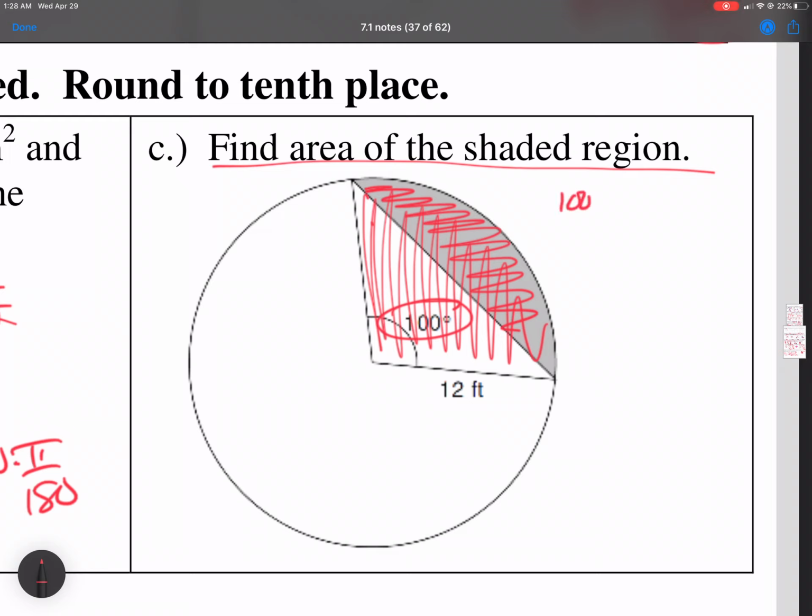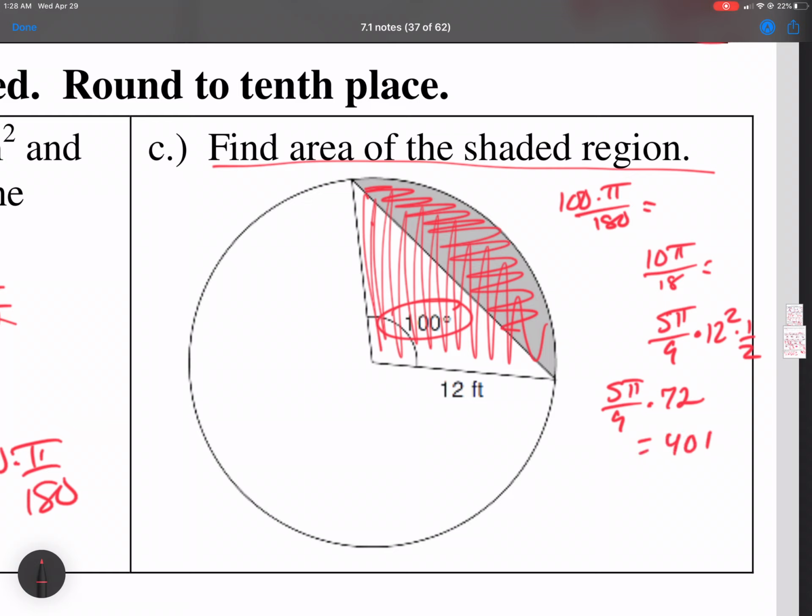So 100 times pi over 180 equals 10 pi over 18, which is 5 pi over 9, times 12 squared times 1/2, which is 5 pi over 9 times 72, which is 40 pi. So my sector area is 40 pi.